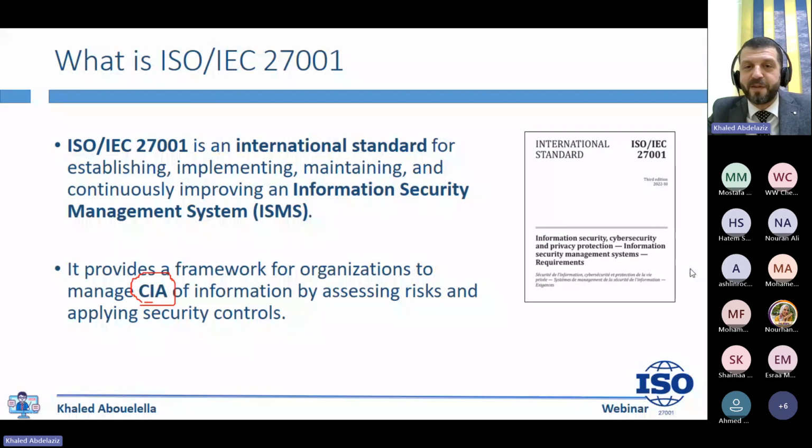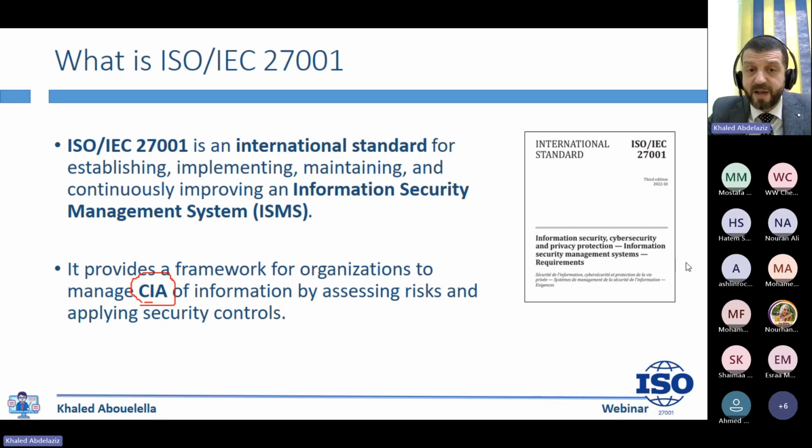Availability is the availability of data. Ensure the information is available or accessible when it's needed by the authorized people. When we say availability, we talk about different topics such as BCP, Business Continuity Plan, Disaster Recovery Plan, backups, redundancy, fault tolerance, and so on.